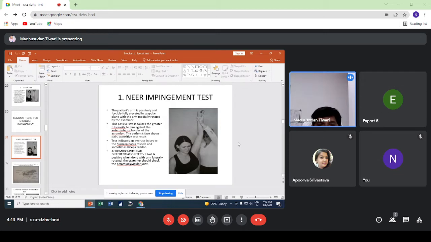In the impingement test, the patient's arm is passively and forcefully fully elevated in the scapular plane with the arm medially rotated by the examiner. Means the arm should be medially rotated and elevated in the scapular plane. The passive stress causes the greater tuberosity of the humerus to jam against the anterior inferior border of the acromion.